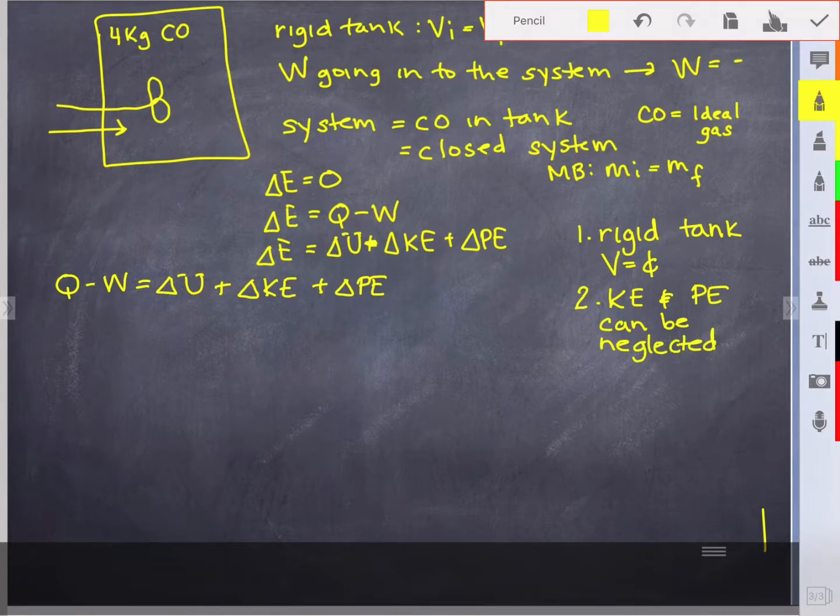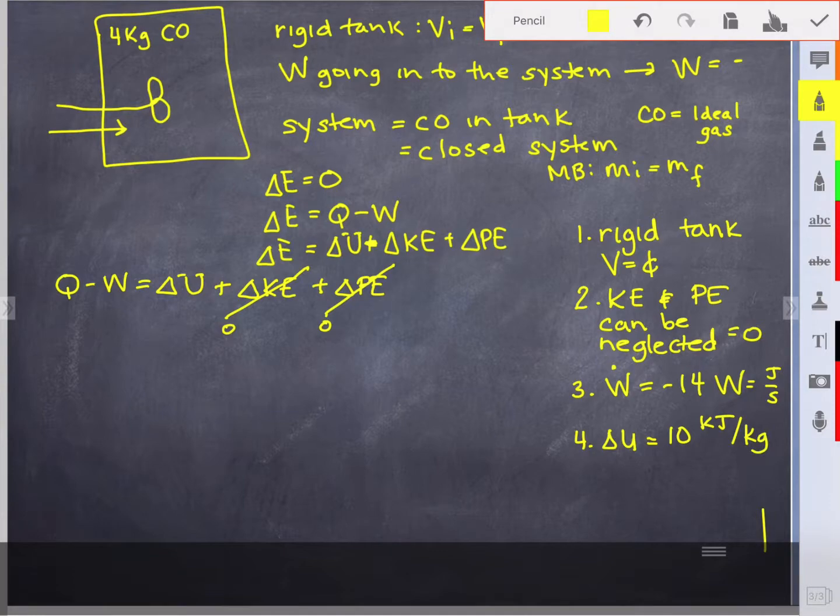So if we use that to simplify our problem statement, we can cross out KE and PE because we know that they're both 0. We're also told that the work going into the system is 14 watts, which is a rate. A watt is a joule per second. And we know that there's a change in specific internal energy of 10 kilojoules per kilogram.